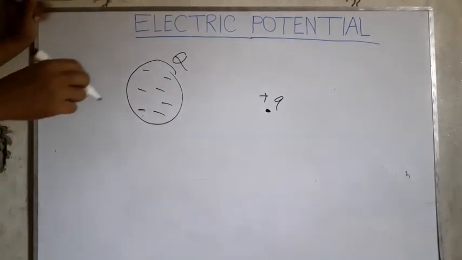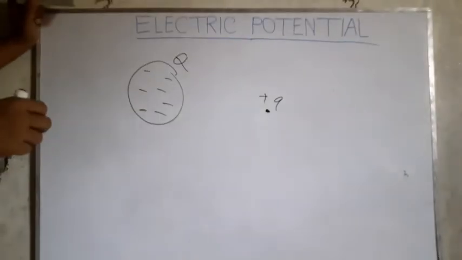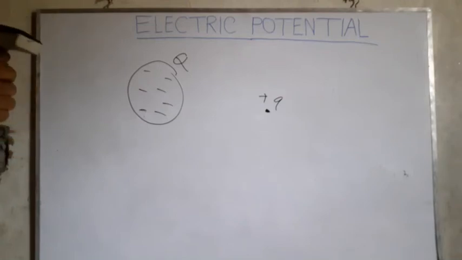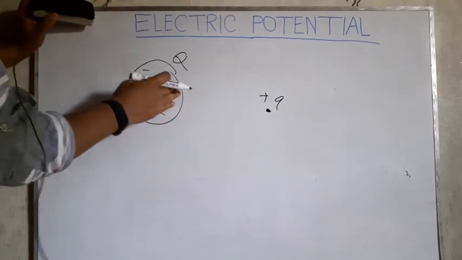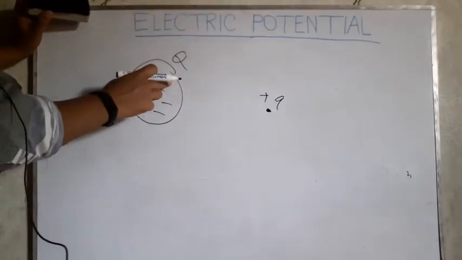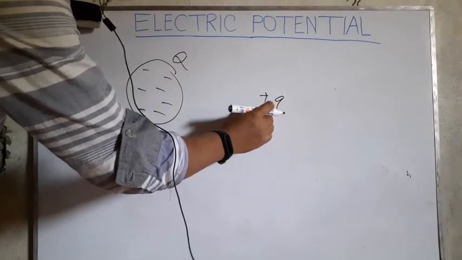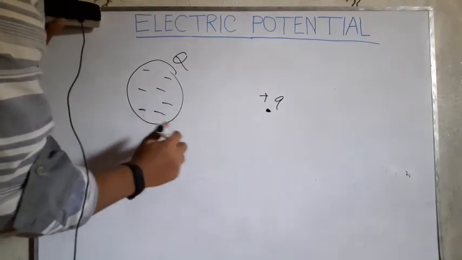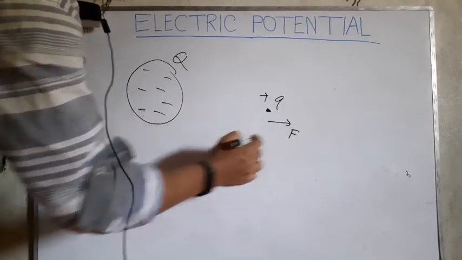Therefore, an acceleration will be produced on this plus q charge. If we want to bring this plus q charge slowly towards this Q charge, then we have to pull this plus q charge in this direction.